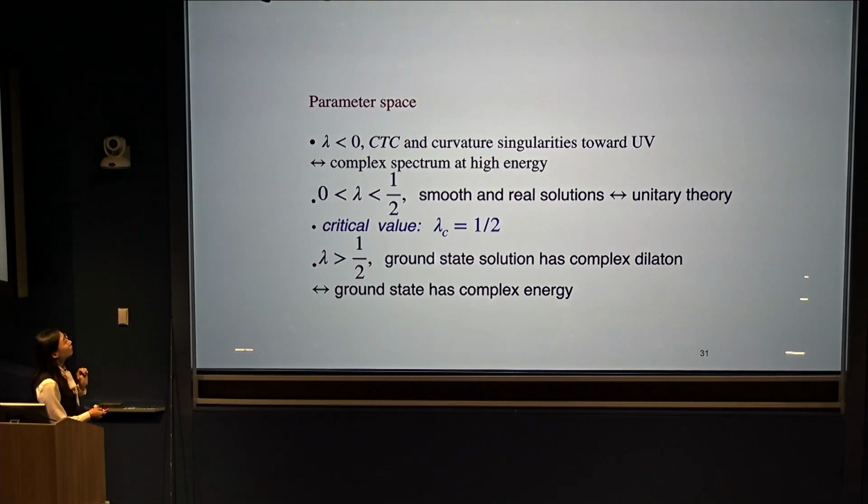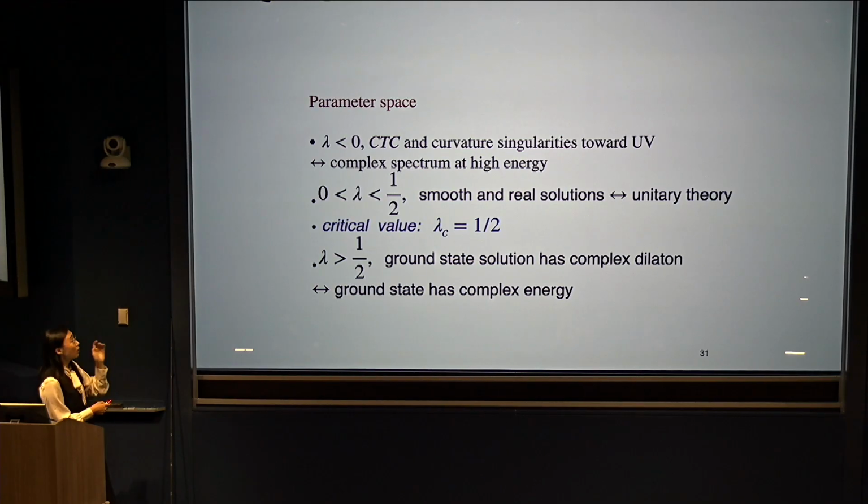And there's also an interesting mapping with the parameters. So when lambda is less than 0, in the dictionary that corresponds to mu less than 0, or recall that there are problems with high energy.